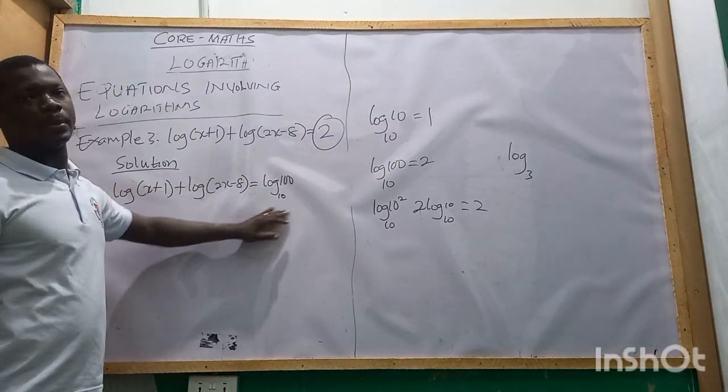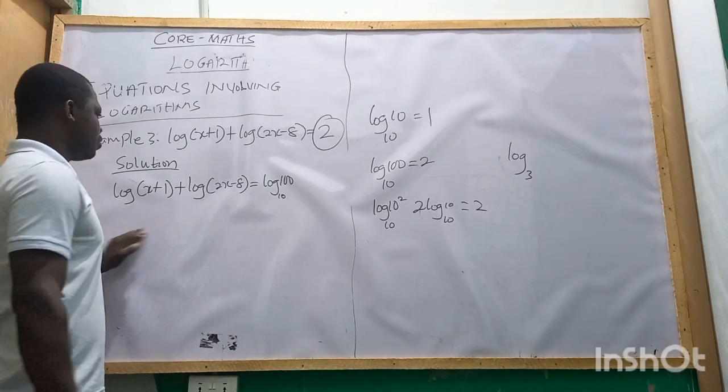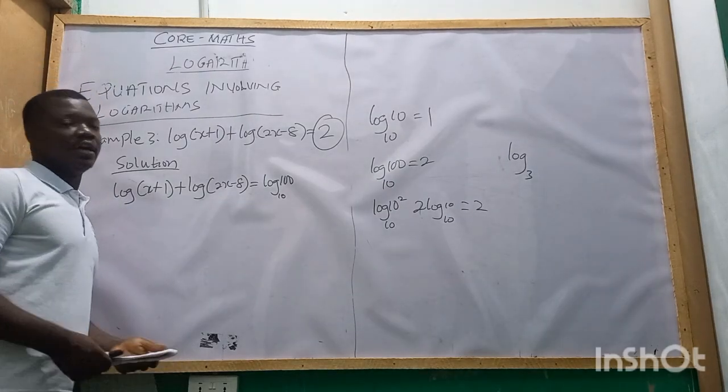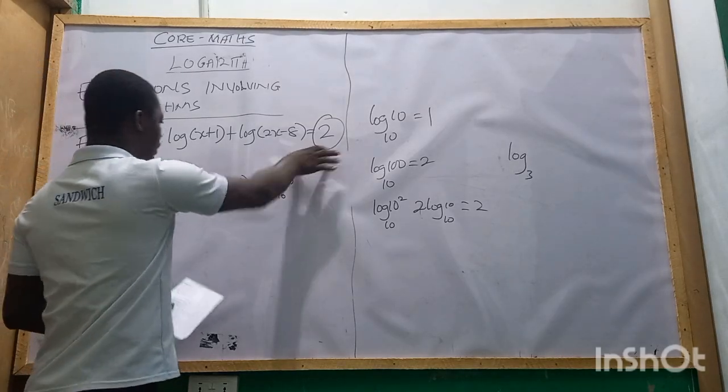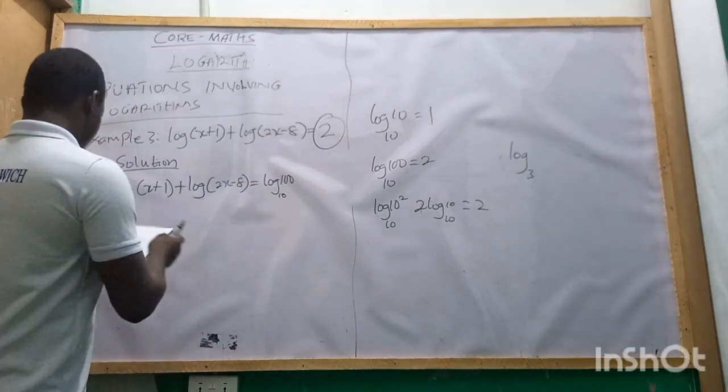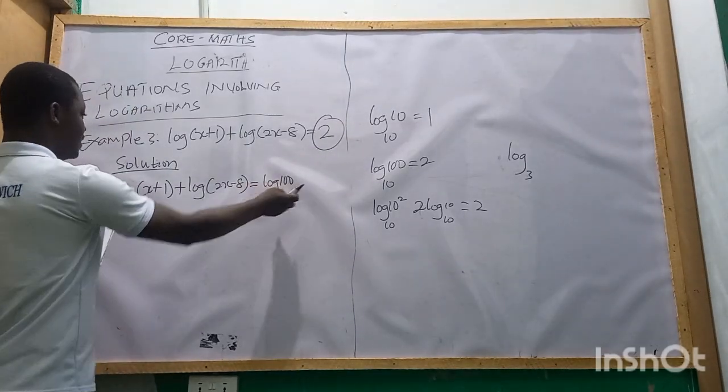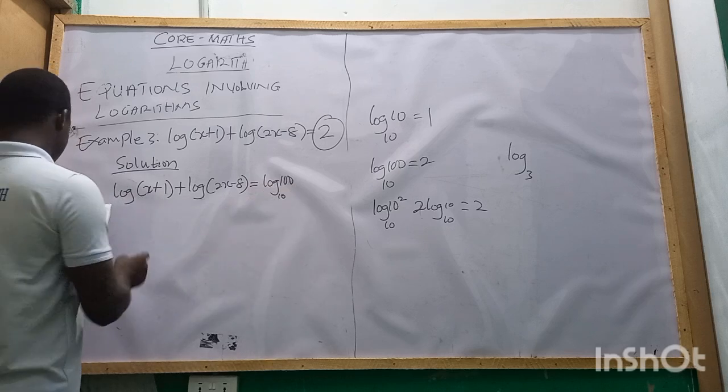In log. Right, then I can proceed to apply my rules and my laws to solve it. Right, so this is the first thing you do. You convert this one to what? To a log form. Okay, so I'll take antilog of both sides.